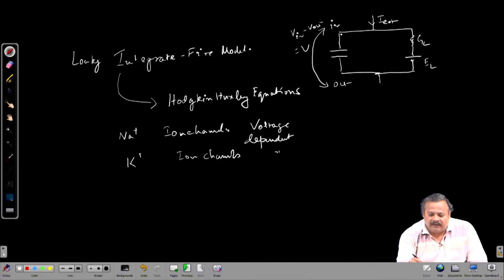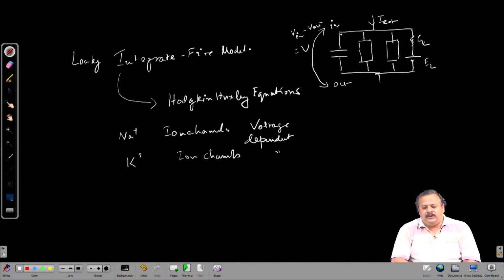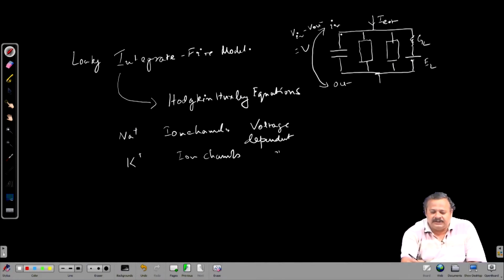So, if this branch is going to be the sodium channel branch, and then if we incorporate the potassium, that is going to be the potassium channel branch. So, this is because of the sodium. I am drawing it as a box. We will describe what is going to be inside in a little bit.